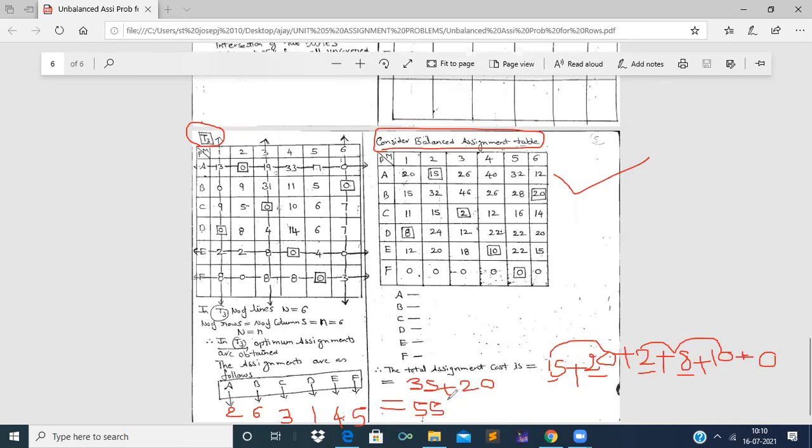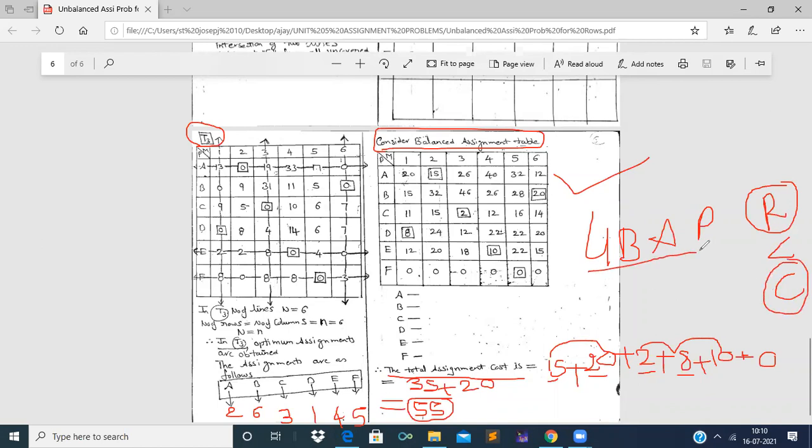Therefore, the total assignment cost is obtained. It is 55. So here ends the problem relating the unbalanced assignment problem regarding rows. That means the rows are lesser than the columns.